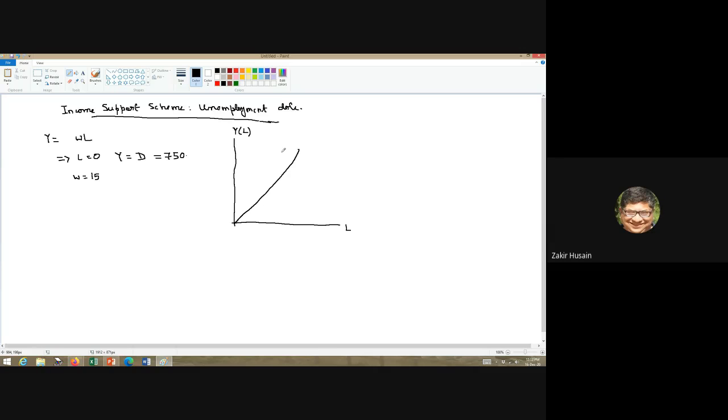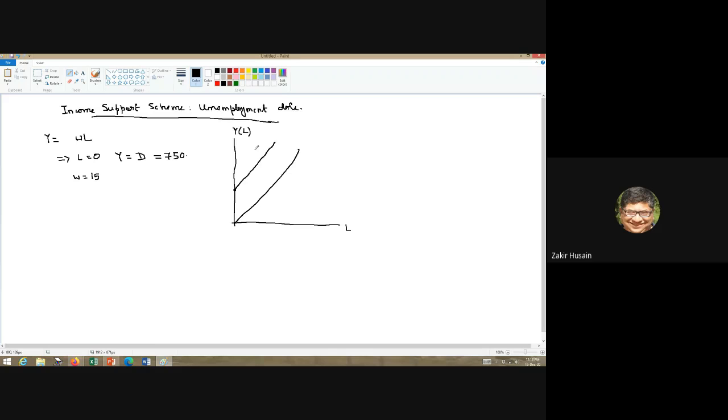Yes. So 750 is fixed for L equal to 0, right? It will not pass through 0. It will pass through 750 and then it will be a straight line. So you mean like this? Yes, exactly like that.